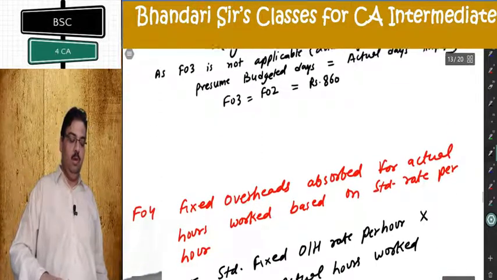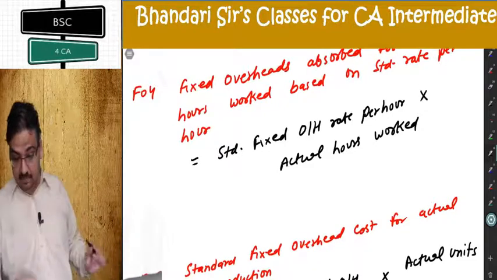So calendar variance is bound to be null. That is what you will get here.